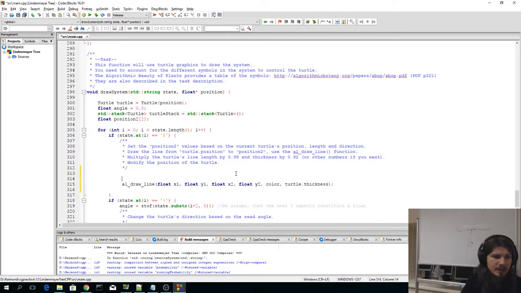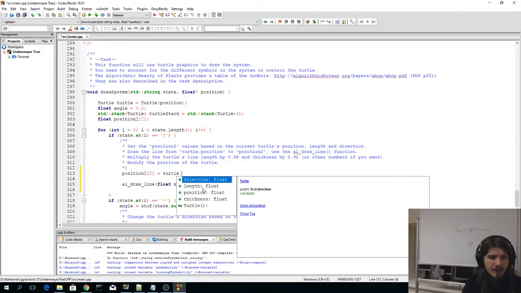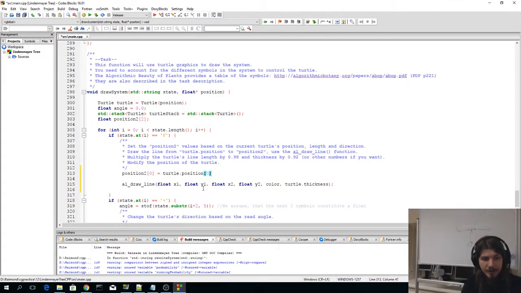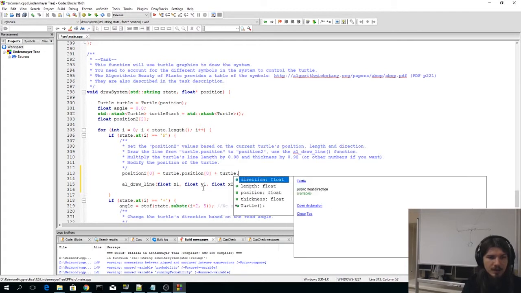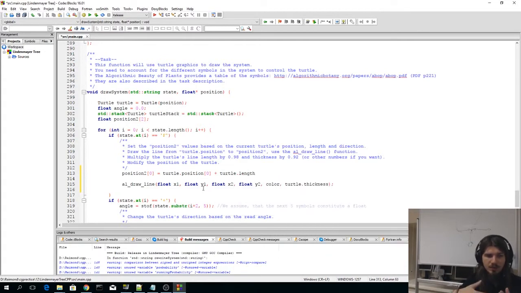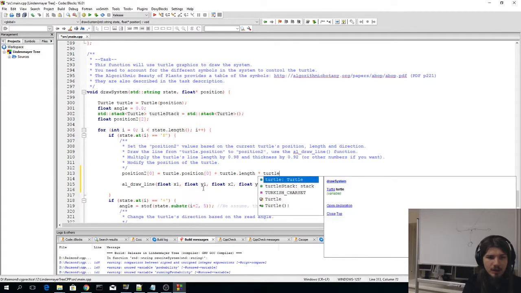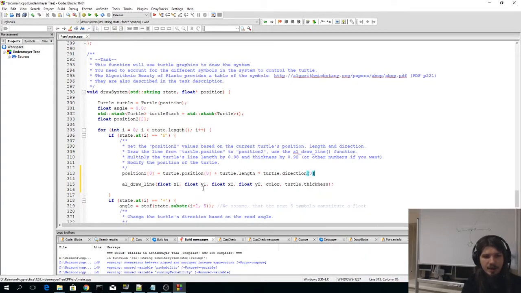So we need to have this position 2, and we need to basically say that its x coordinate is the turtle position x coordinate plus the turtle length, so how long the line should be, times the turtle direction at x coordinate.